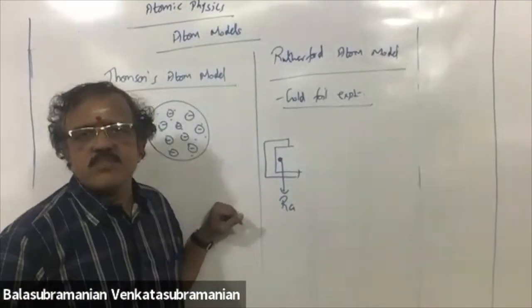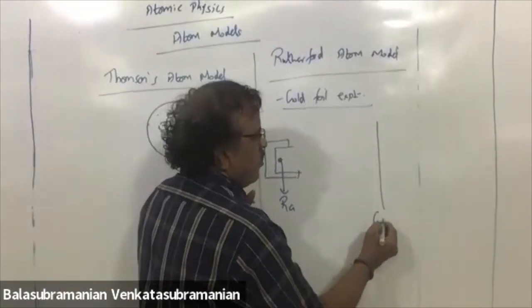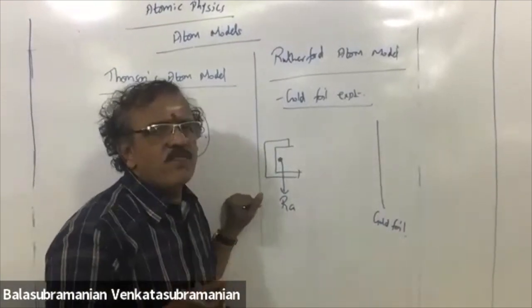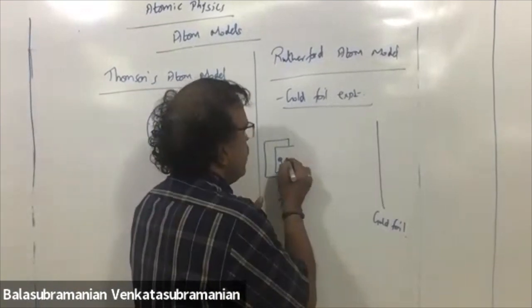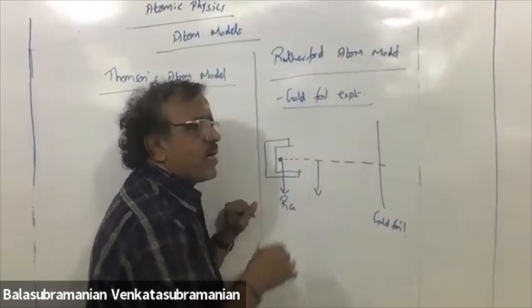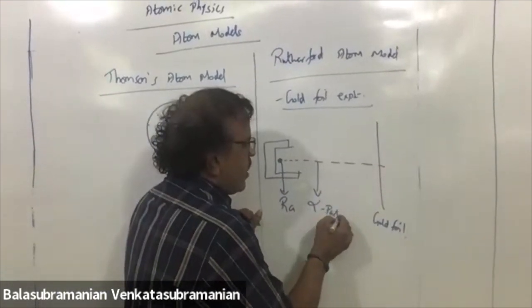Here is the gold foil, a thin gold foil. Gold foil is very thin, small sheets. Alpha, beta, gamma radiations are coming out. You are considering only alpha particles.